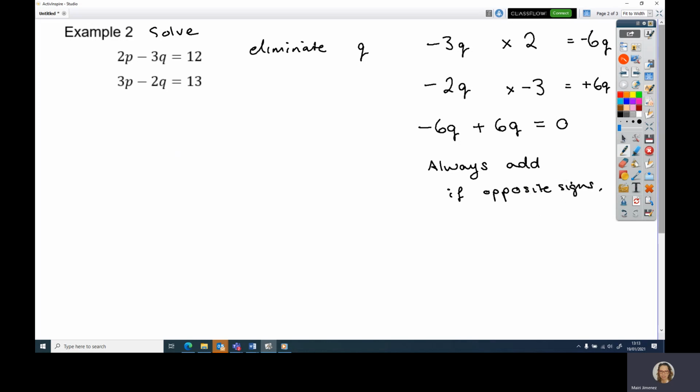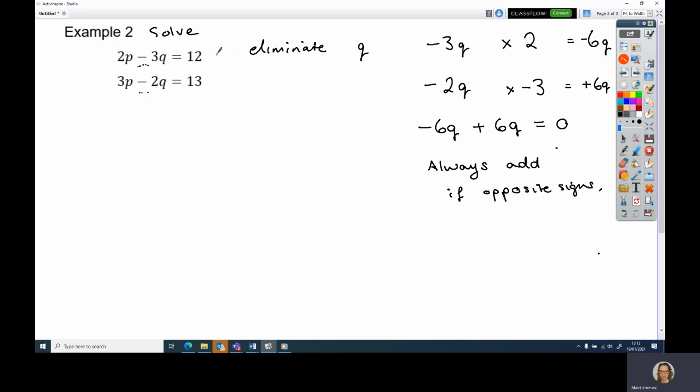At the moment, the signs are the same for each, so we need to multiply one of the equations by a negative number. At the moment, these are both negatives. We've got a negative in front of the Q and a negative.